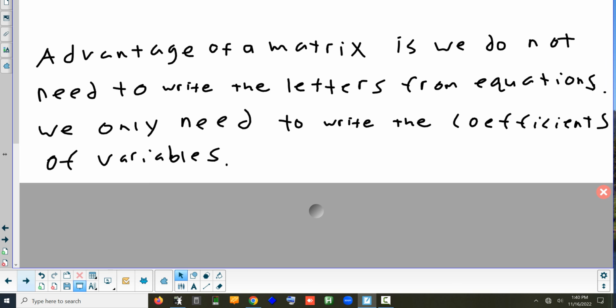So what's the point of it? Well, the main advantage is it shortens how much we have to write, and it eliminates you having to think about, all right, should I get rid of x first or y first? Should I use equations 1 and 2? Should I use 1 and 3? You're not going to have to think about any of that.